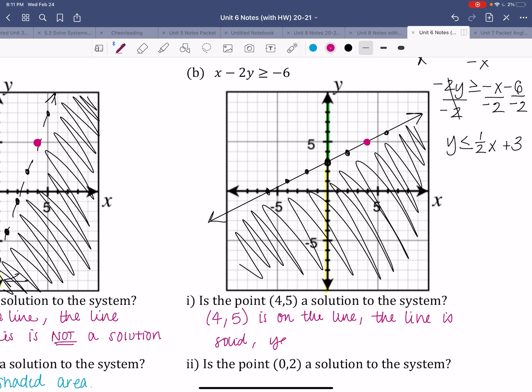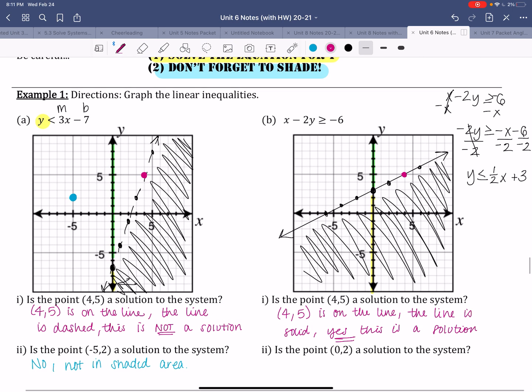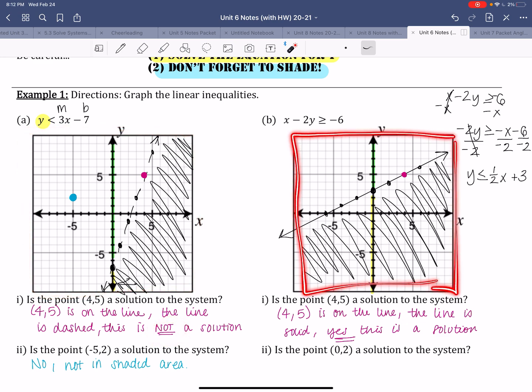So we could say, yes, this is a solution. Okay? So the difference here is that if you have a point on your line and the line is dashed, it is not a solution. If you have a point on your line and the line is solid, then it is a solution.